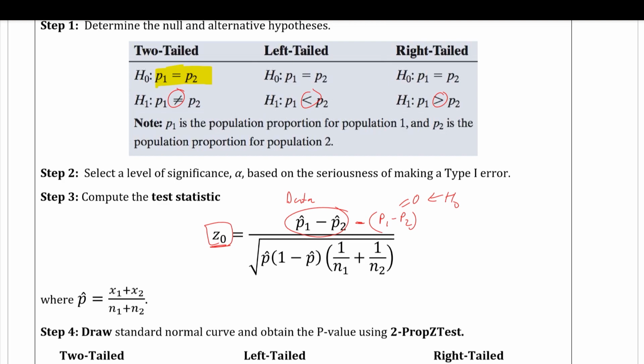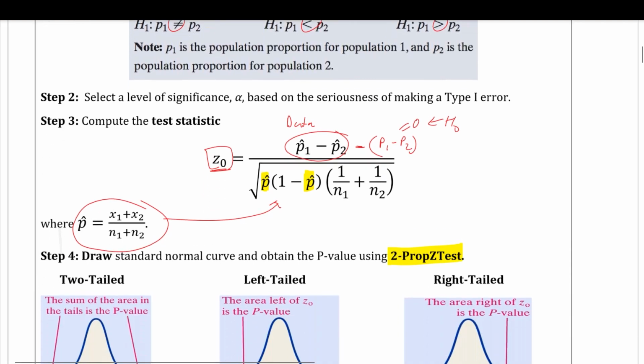What you'll notice here is that we have a p-hat without a subscript, and that is just the pooled sample proportion. The nice thing is your calculator does all these tedious calculations for you. Just like in the previous chapter we had the 1-prop z-test, in this chapter we're going to use the 2-prop z-test. It works very similarly, you just have more inputs.